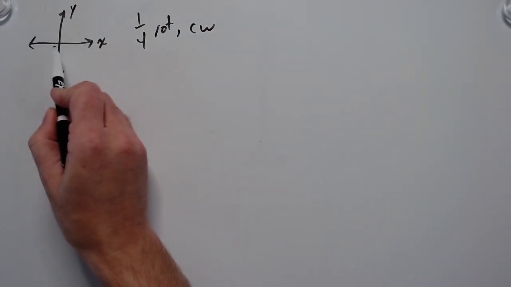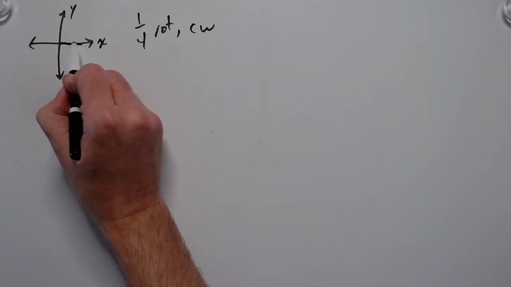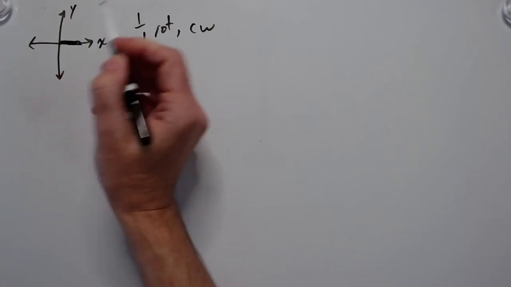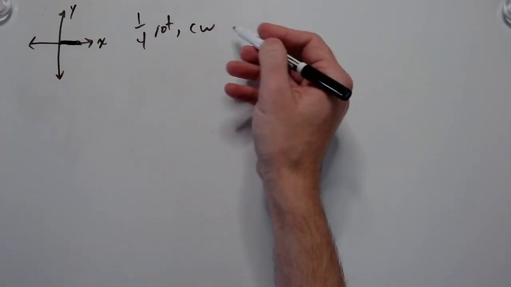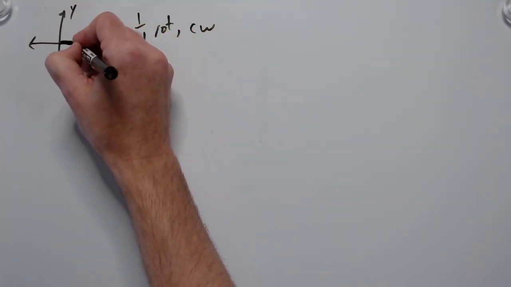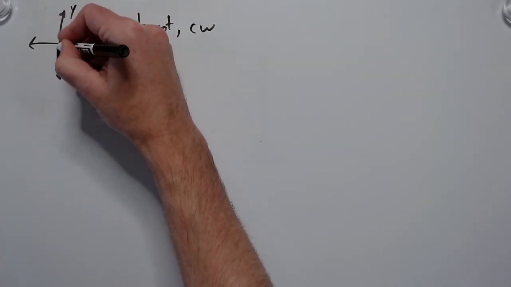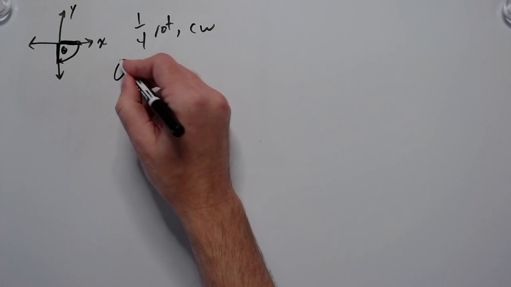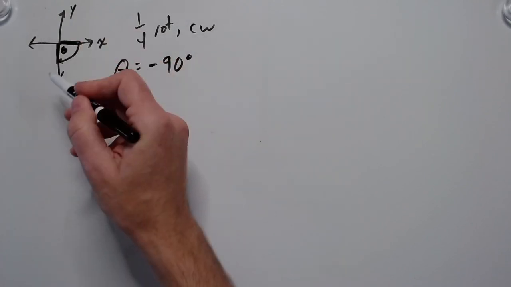So we have our initial side along the x-axis. If our initial side is along the x-axis, we'll make it a little thicker here, and we go 1/4 of the way around, clockwise, because it's negative, would be to here. So theta would be between our two thick lines.